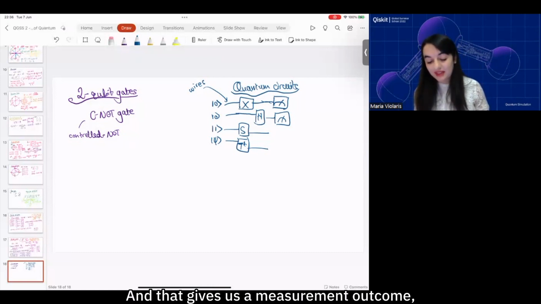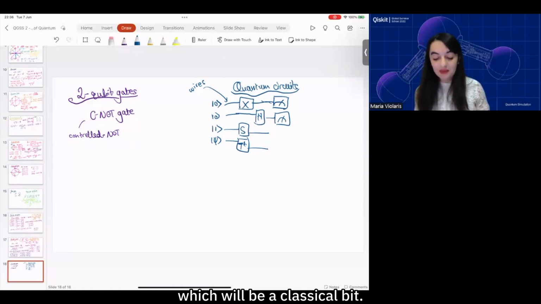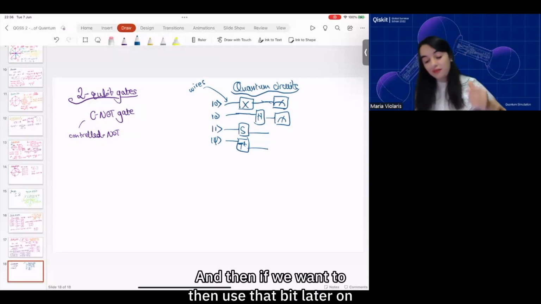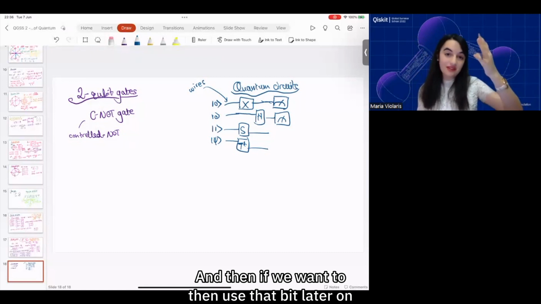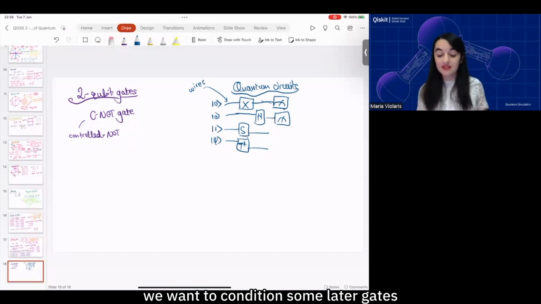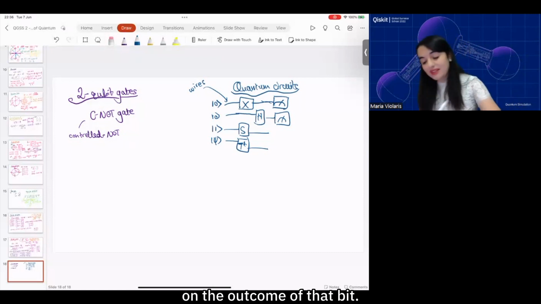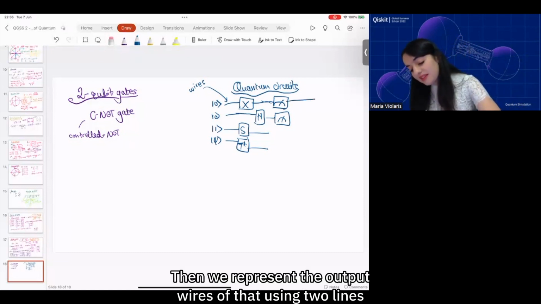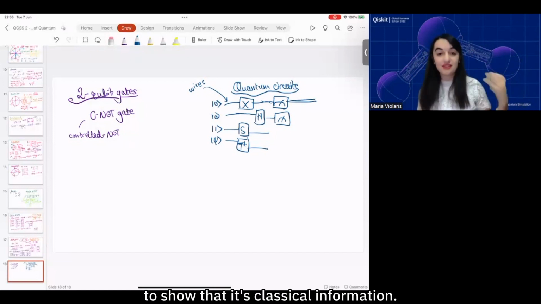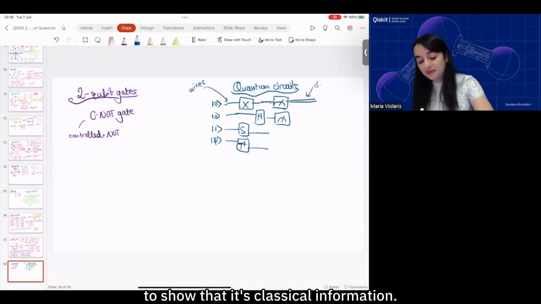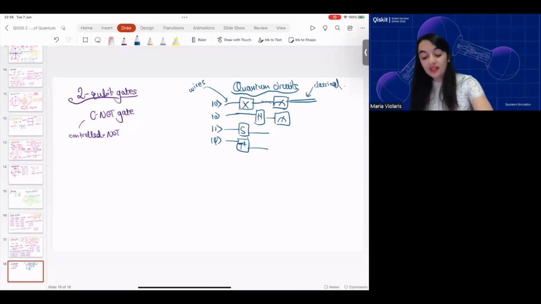And that gives us a measurement outcome, which will be a classical bit. And if we want to use that bit later on in the circuit, for instance to condition some later gates on the outcome, then we represent the output wires using 2 lines to show that it's classical information.